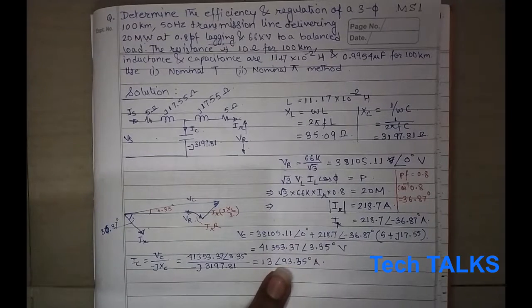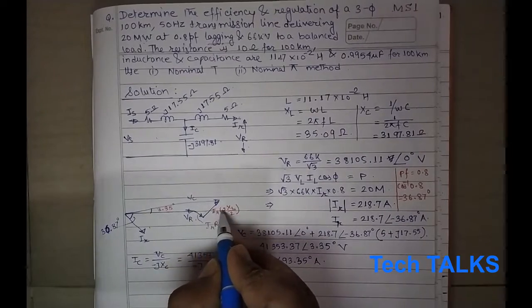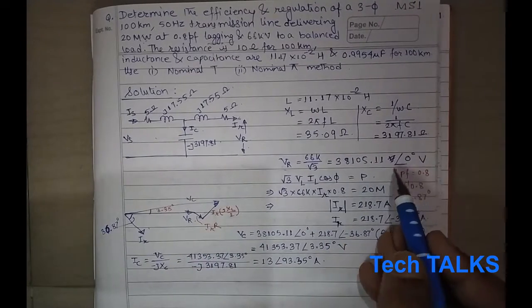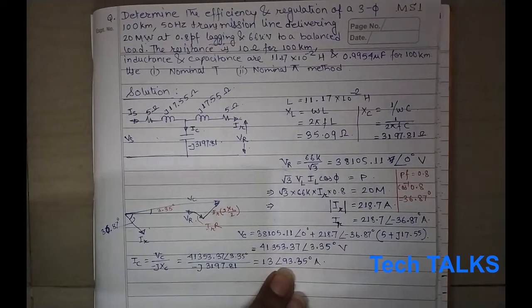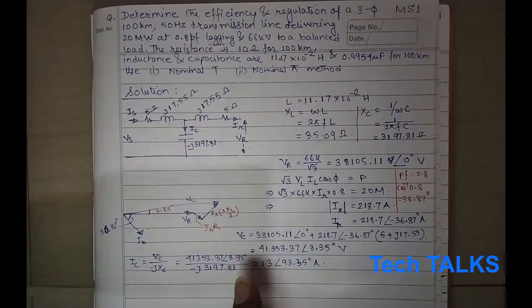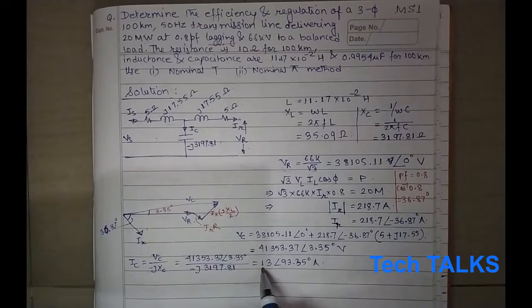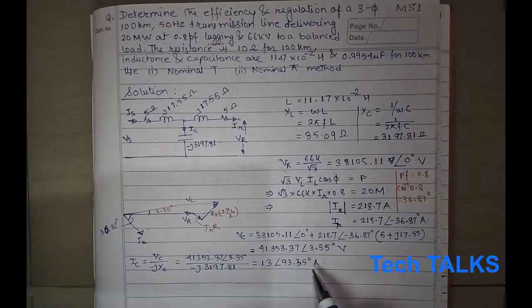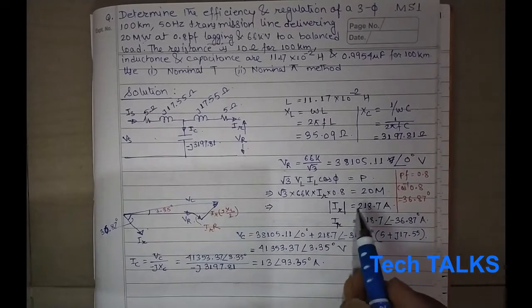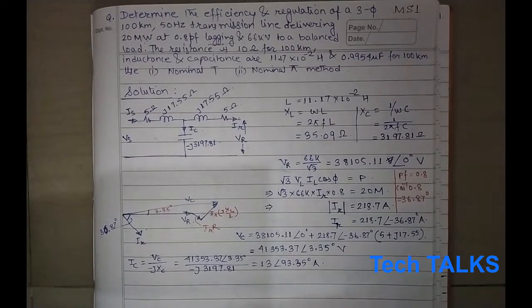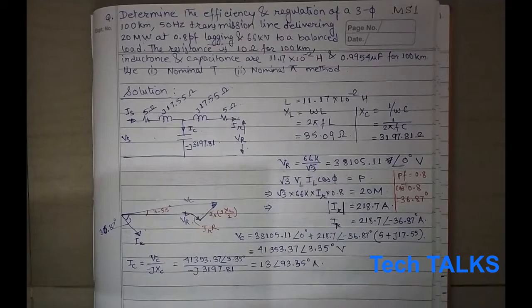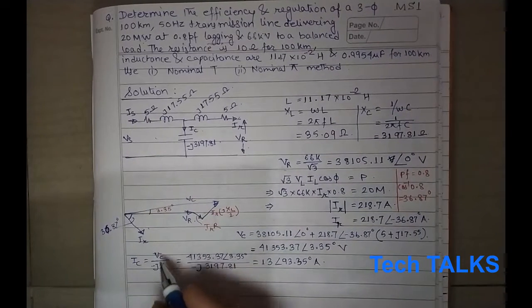So IC is at 93.35 degree, a positive angle has come. Our reference was VR, because we have taken VR as angle 0. So IC will be 93.35 degree ahead of VR. Also you see IC, the magnitude is 13, whereas IR the magnitude is 218.7, that means IC is less than half of IR.